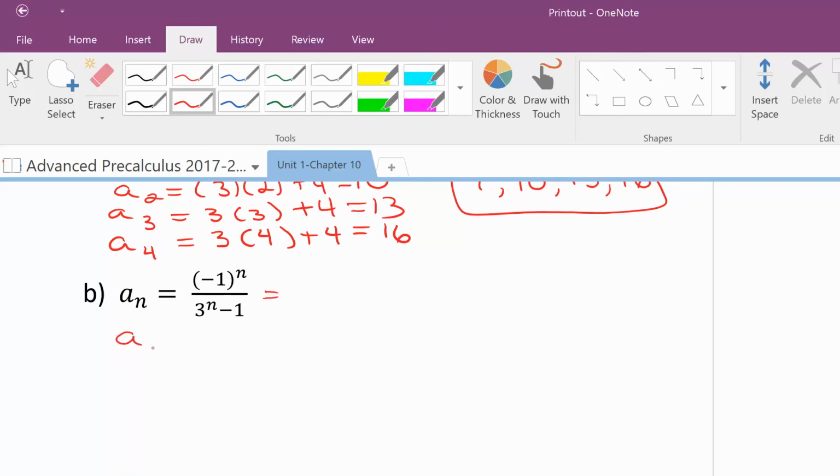Next one, you put 1 in for the number of the term. So you get negative 1 over 2. So then you put in 2.